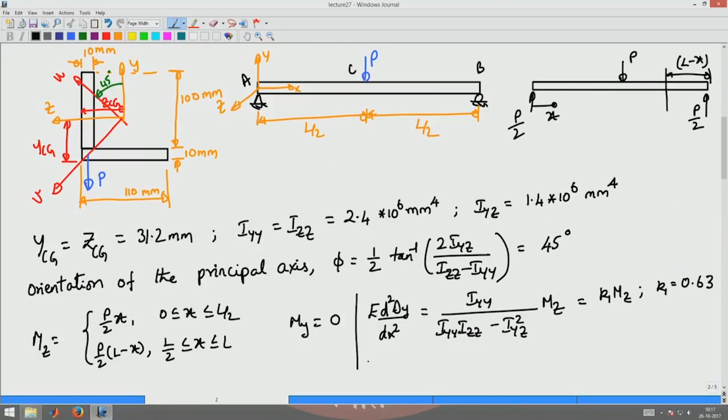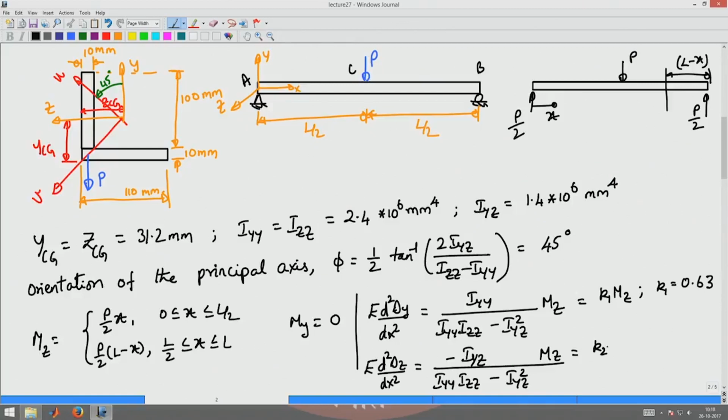Okay, similarly E times d square delta z by dx square from the equation above will be minus Iyz divided by Iyy Izz minus Iyz squared times Mz.